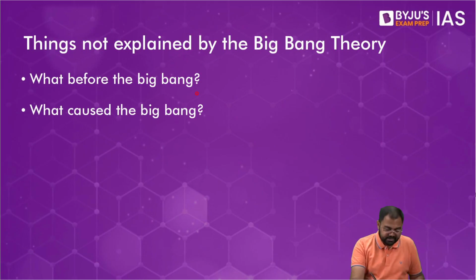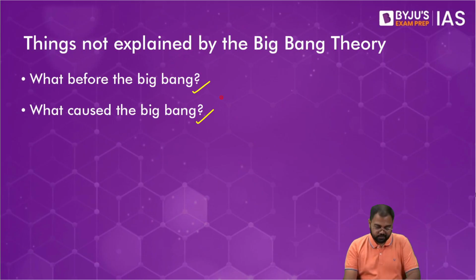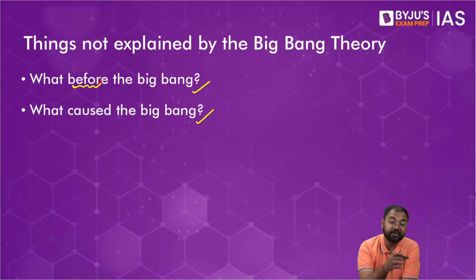Now there are still questions that are unanswered. For example, what before the Big Bang and what caused the Big Bang? So what before the Big Bang and what caused the Big Bang are two questions which we still haven't been able to answer. All right, so we are saying that there was this particle, but what before this particle? Where did this particle come from? It does not say anything about that.